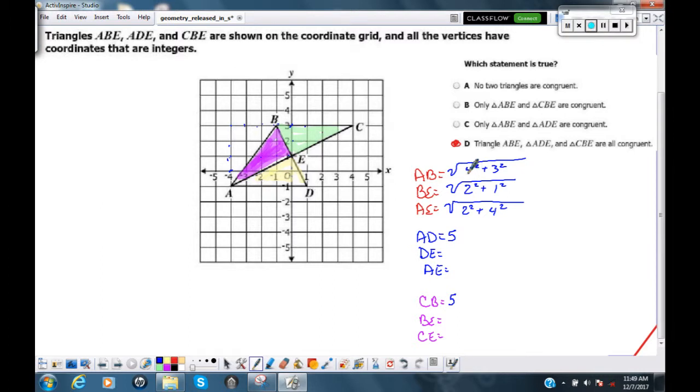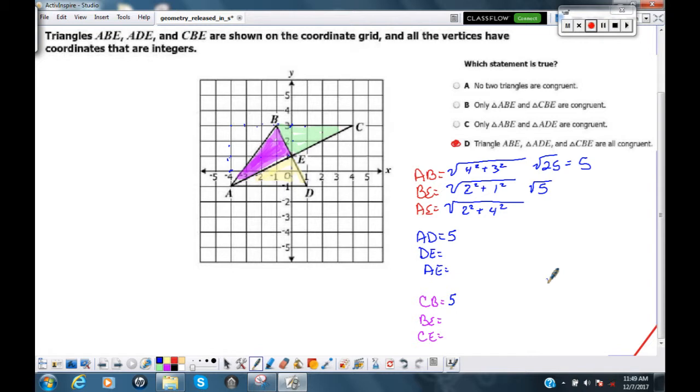So this is going to be 16 plus 9, which is 25. So I'm going to square root the 25, and that's going to give me my 5. Now I'm going to do 2 to the power 2, which is 4, plus 1, which is square root of 5. And this is going to be 4 plus 16.